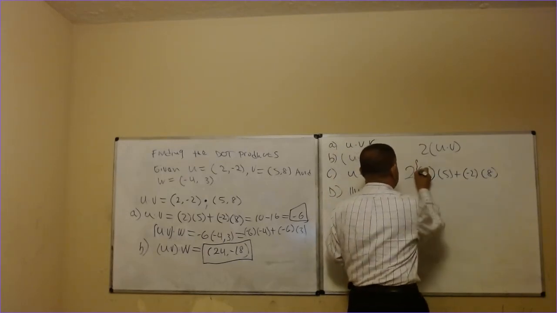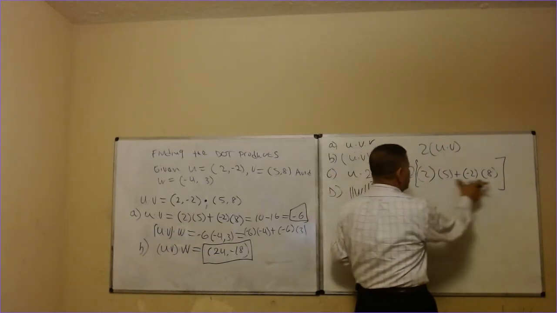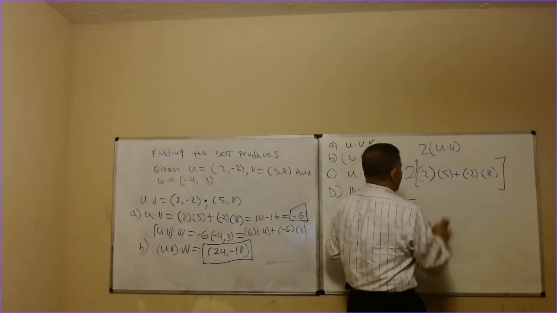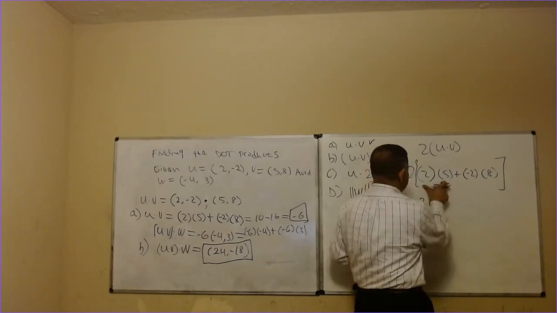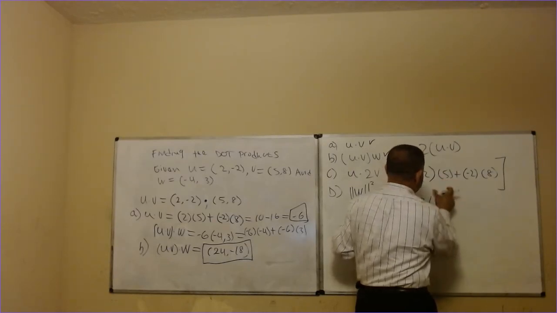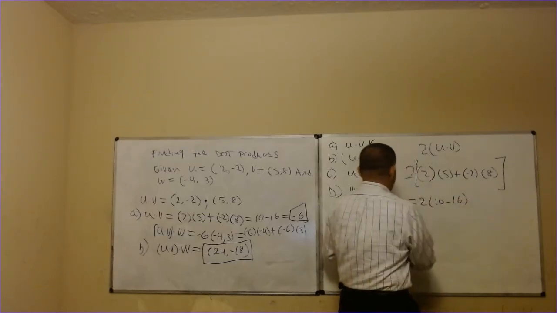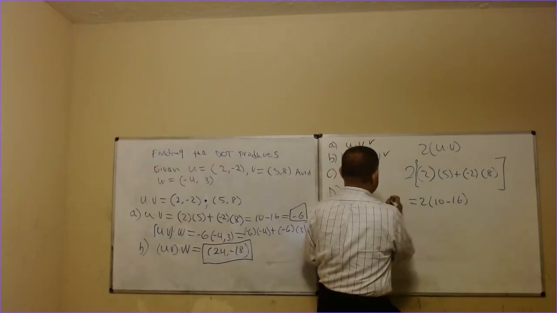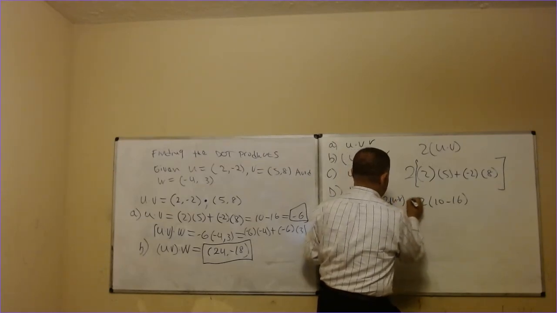Okay, so let's put this inside brackets like that, right? So we doing this operation and then we multiply that by 2. Let's see. Okay, so this is going to be equal to 2 times that. So this is going to be what? It's going to be 10. And this is going to be what? It's going to be negative 16. All right? So then we can say that u dot v is equal to that, right?